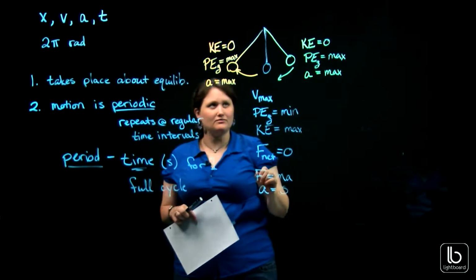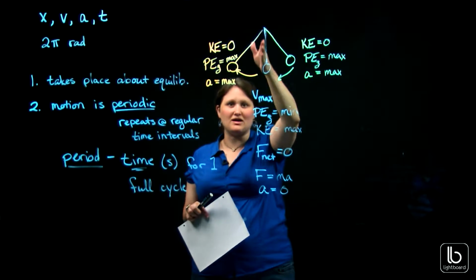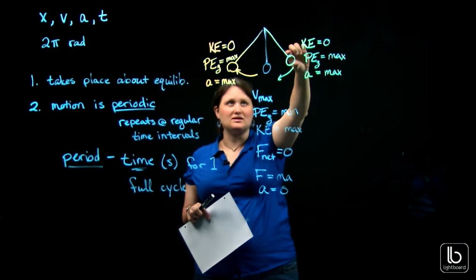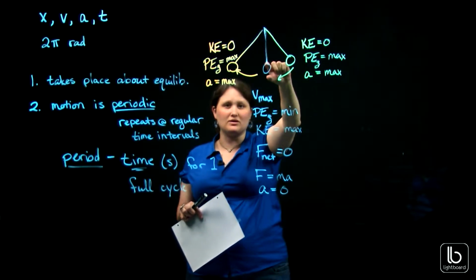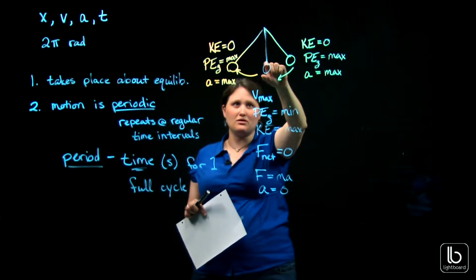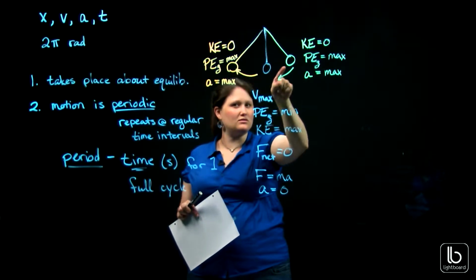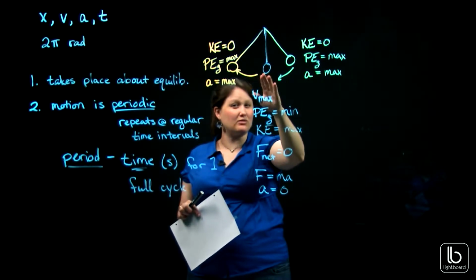Now here's a question for you. If I look at my equilibrium position, let's say I go through equilibrium and up, and then back through equilibrium, is that one period, the time it takes to pass through equilibrium twice?